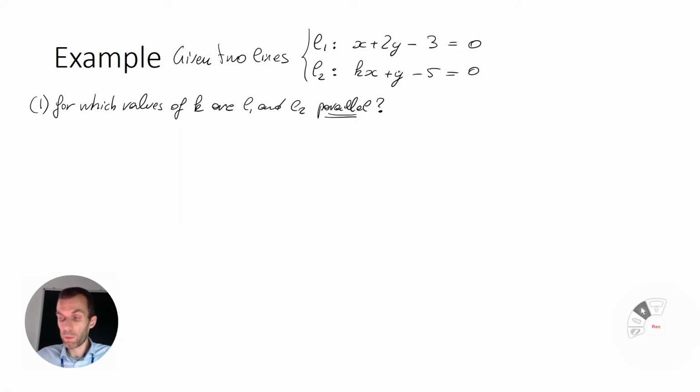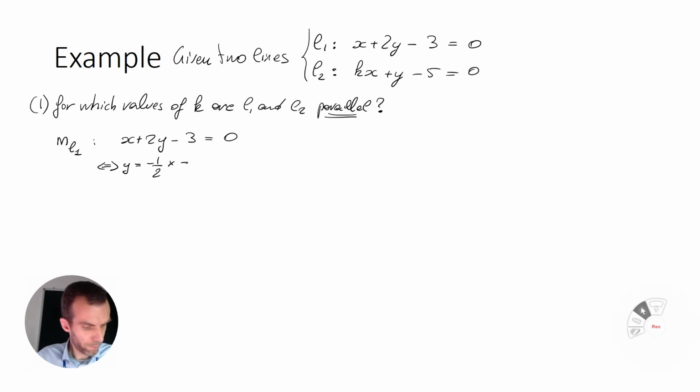So parallel means the same slope. So let's look at the slope of line 1. Let's call that m of line 1. In order to do that, we'll take the equation and write it in our familiar y is equal to something form. So here we have y is equal to minus 1/2 x plus 3/2.